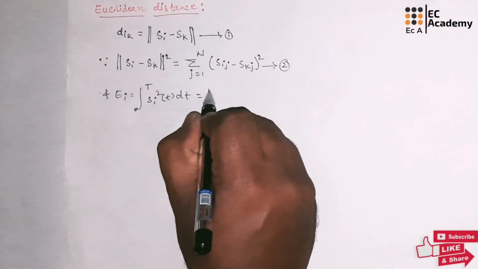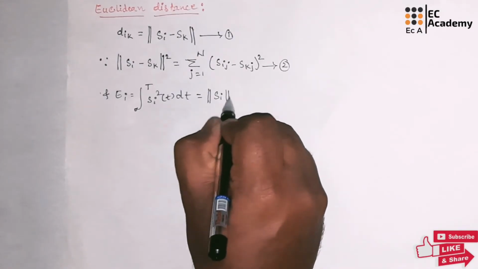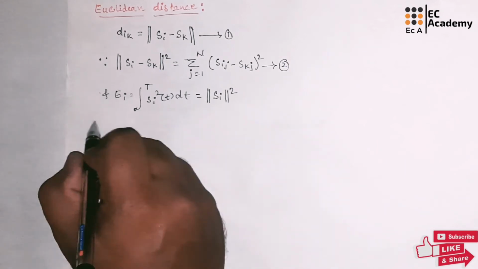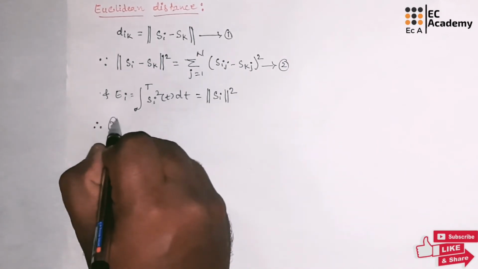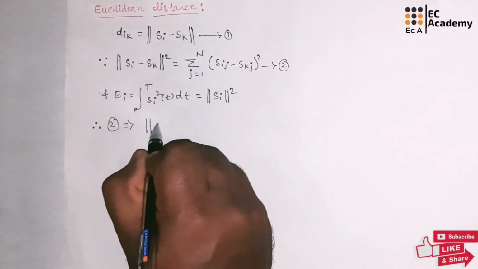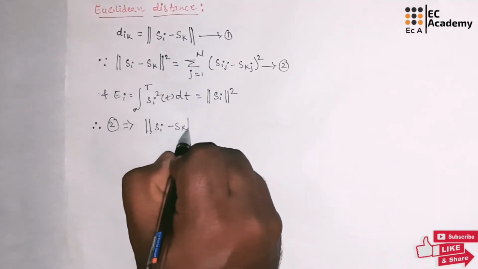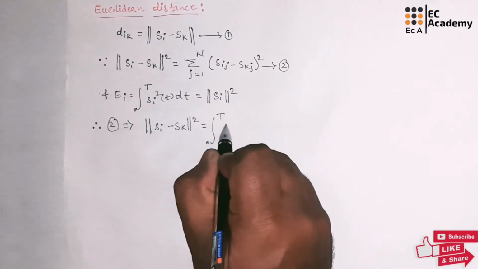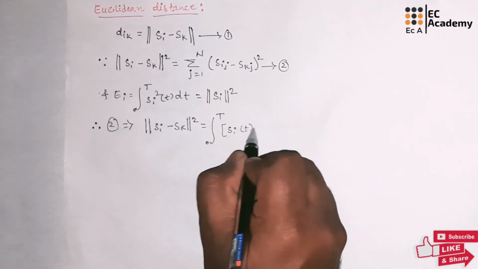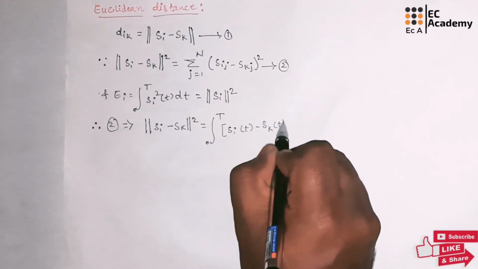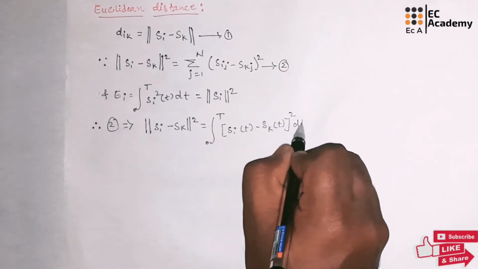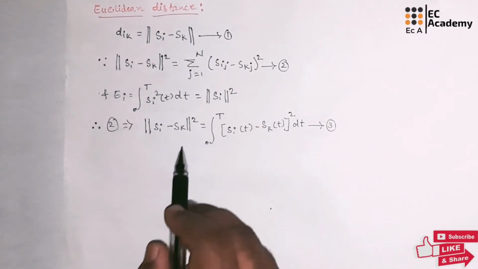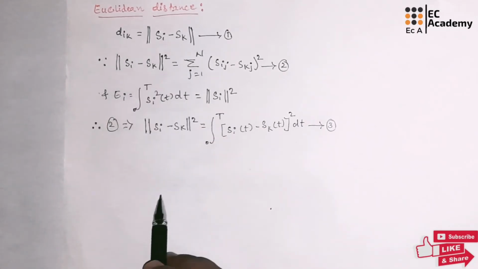If we substitute this in equation number 2, we will get norm of Si minus Sk whole square is equal to integration of 0 to T Si of t minus Sk of t whole square dt. Let us call this equation number 3.